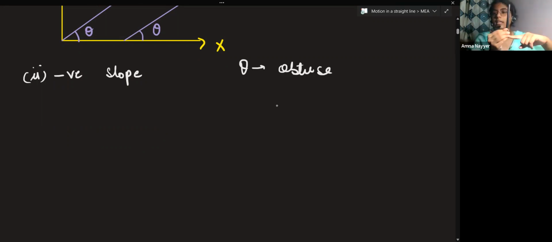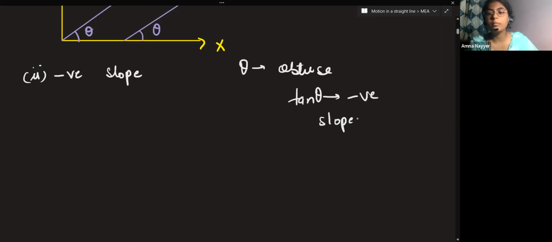This is your 90 degrees, more than 90 degrees. Like angles 120 degrees, 135 degrees, 91 degrees, or 179 degrees, anything between 90 and 180 degrees. That is considered an obtuse angle. So all of you know this, just a quick revision of what is obtuse and acute. Tan theta will be negative and so the slope will be negative.